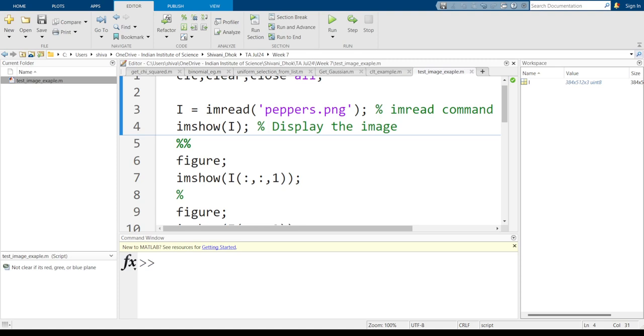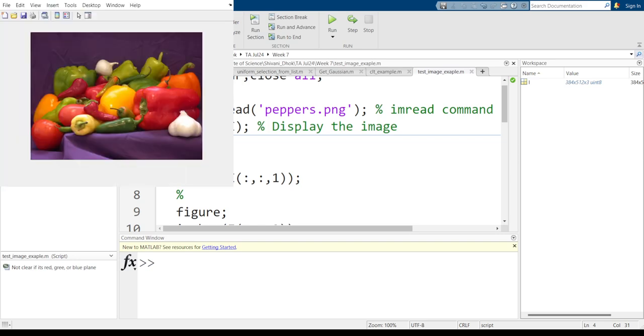Let me do some minor changes. Fine. So this is the first figure that we are having here.